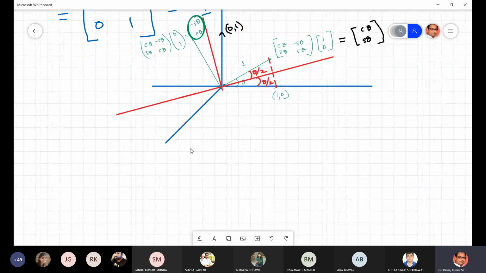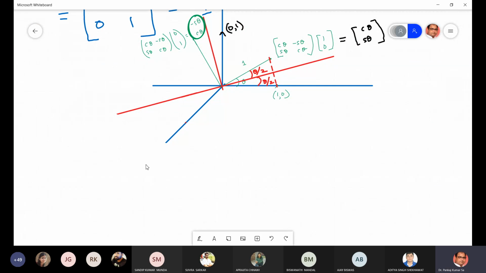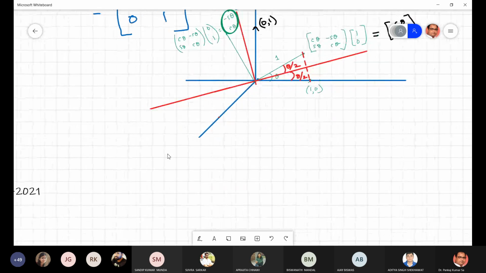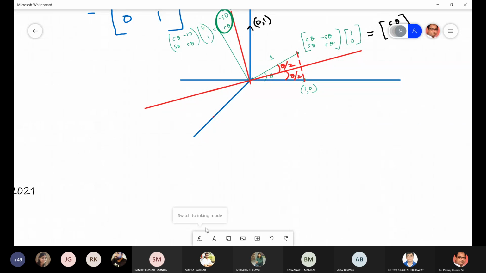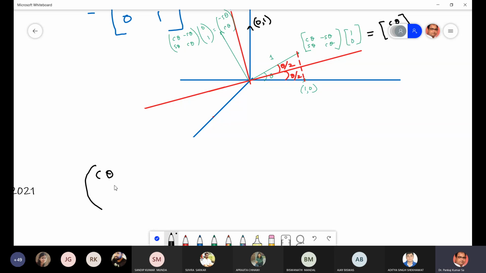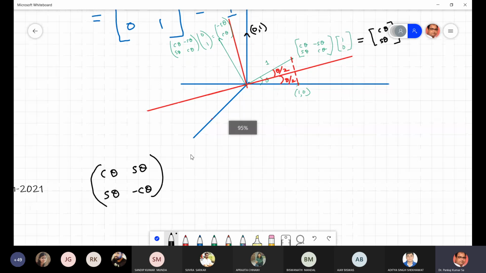Similar to this, there is also another matrix: cos theta, sin theta, sin theta, minus cos theta. There is only a little bit of difference between these two.